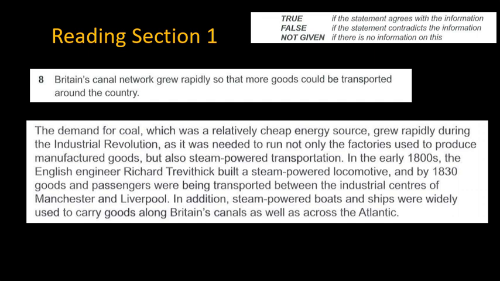Right, so let's find some of these words in this section which mentions canals. So canal network there in yellow, canals. Goods could be transported, used to carry goods. Okay, so we know the answer must be in this bit if it's there at all. But grew rapidly.